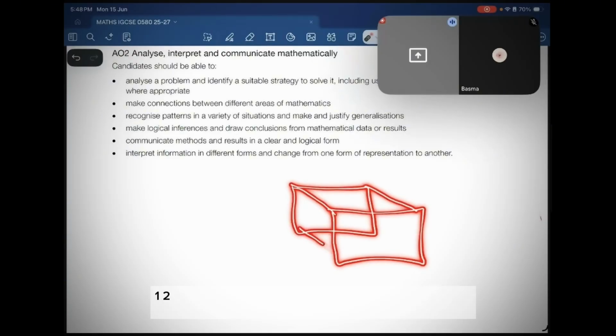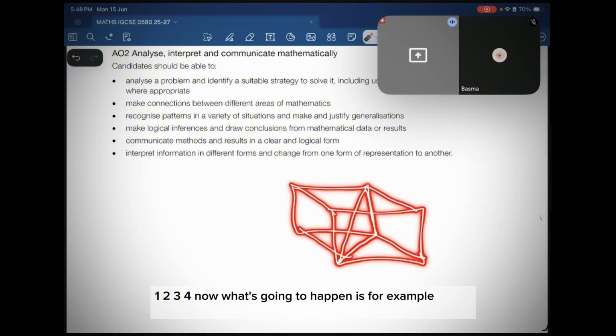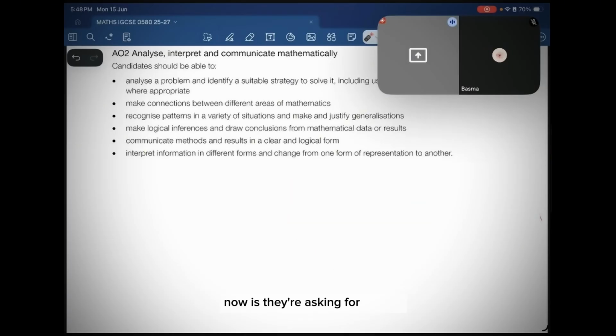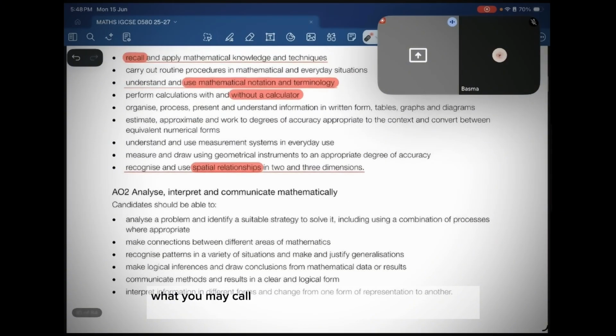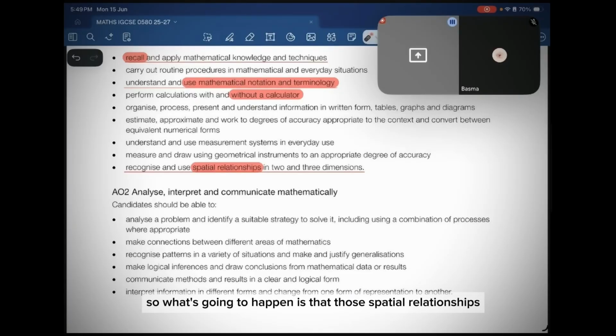For example, these planes. If they're asking for a particular angle, you need to understand how different angles will be situated at which vertices, which corners, stuff like that.